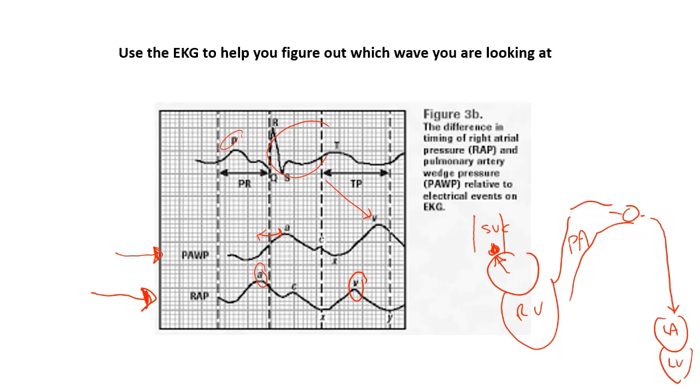The A wave is going to come after the P wave. When you're looking at a pulmonary artery wedge pressure tracing, generally if you just draw a line down from your QRS, the wave that it hits is going to be your A wave. The V wave is going to occur during the TP segment, but if you can determine the A wave, then it should be the next one. But yes, the V wave during the TP segment will happen before, see how it peaks before the next P wave.